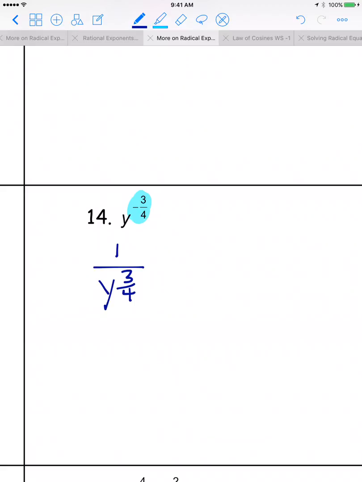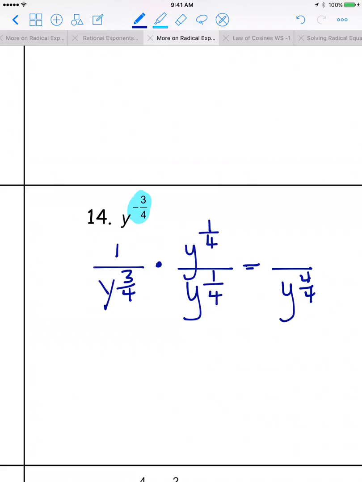Well, here comes our problem again, where we have a fraction in our denominator. So we need to multiply this by, if I have 3/4, and in the end I need this to be 4/4, then I know that I need to multiply it by 1/4. So y to the 1/4 to the numerator and to the denominator.